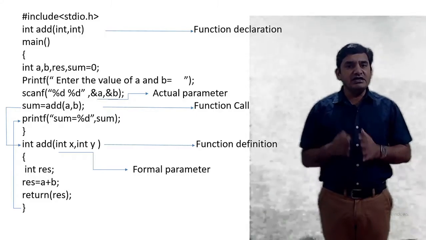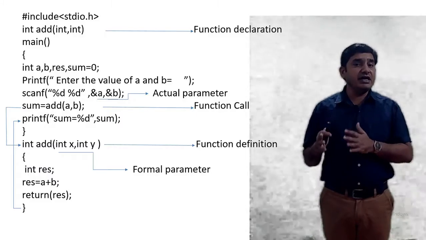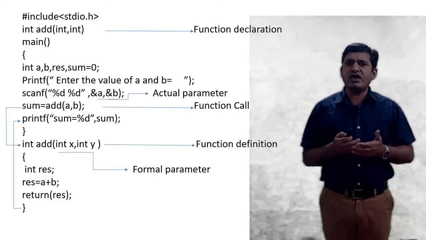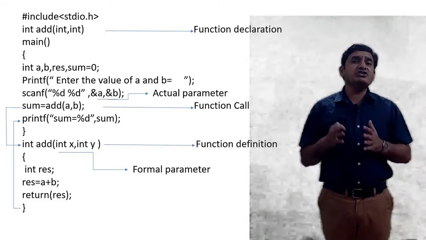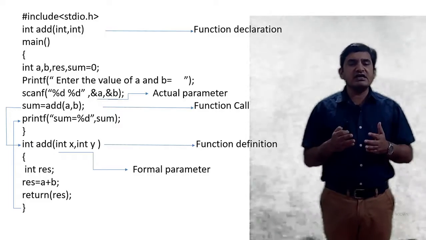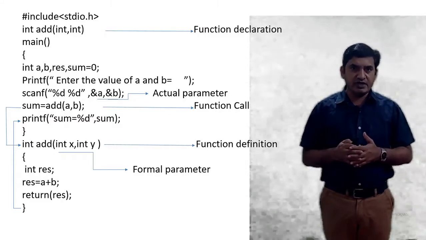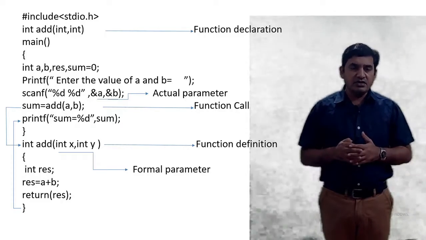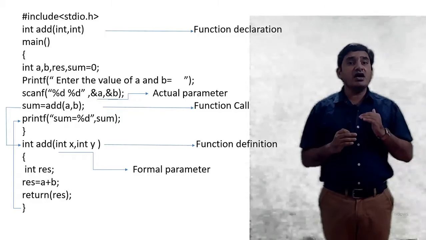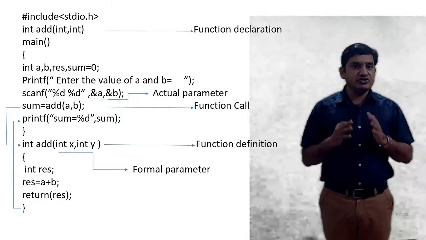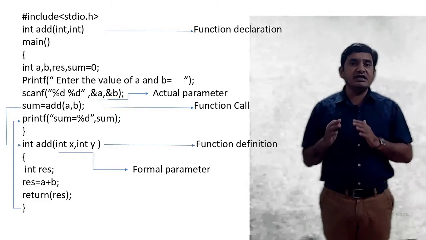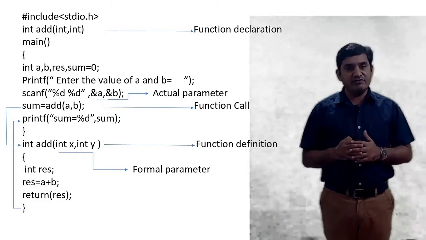Then int, because we use two values, a and b, which are integers. So these are the type and arguments. Then main: we know that the function declaration must be above the main function. So int add(int, int) is declared above the main function.